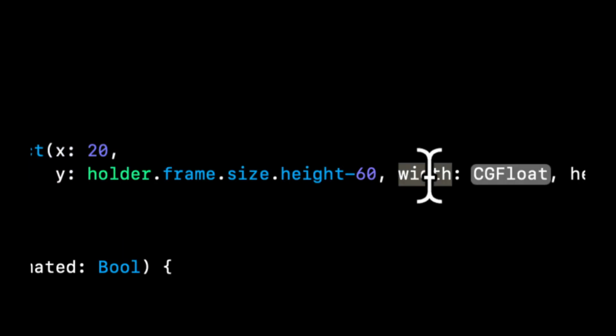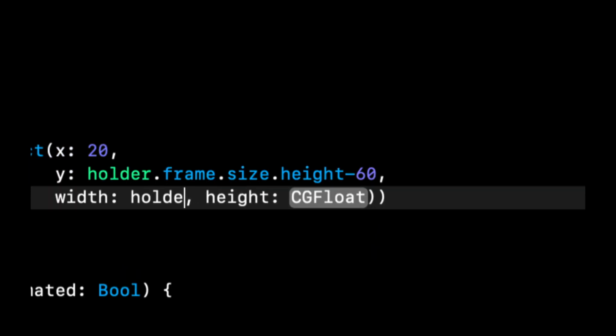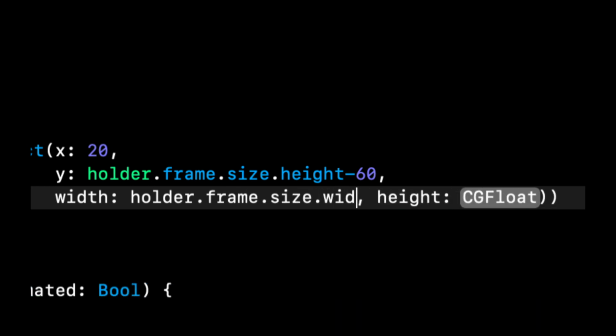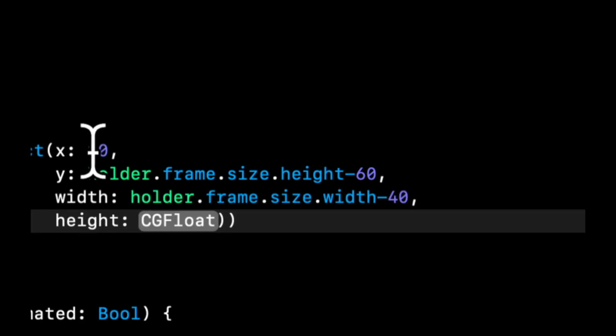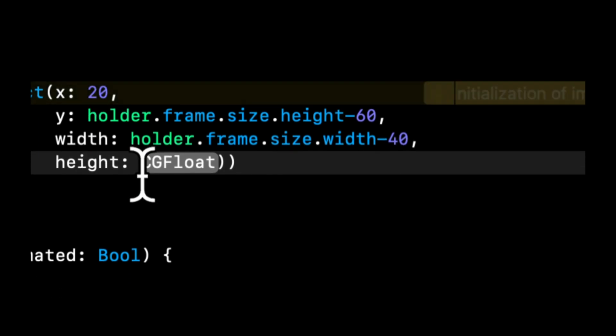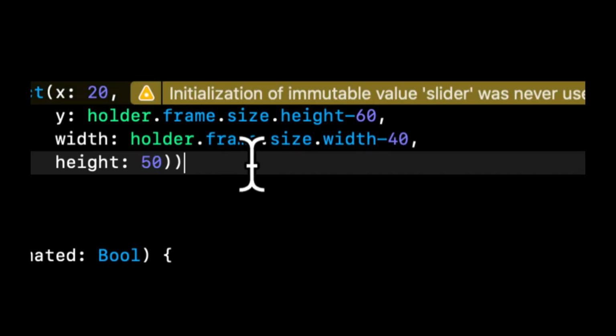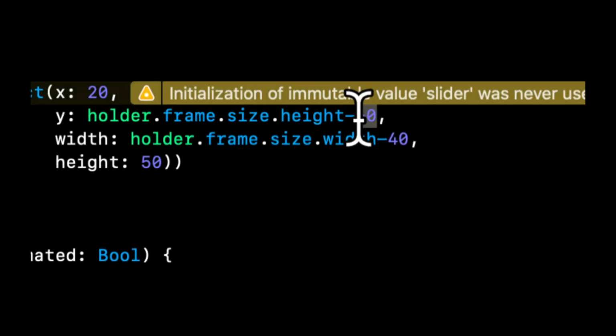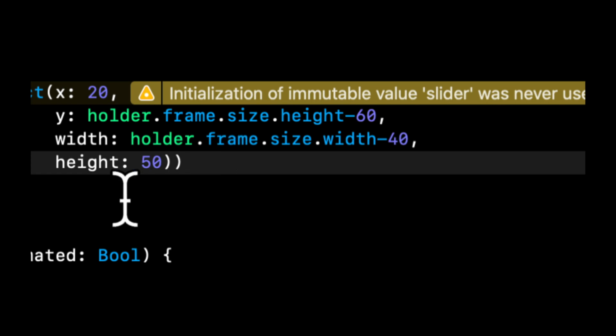And the width is going to be the holder frame size width minus 40. Because our X is 20, we want 20 on each side. And the height's going to be 50. So the 60 I got is because we want a buffer between the bottom of the holder and the slider of 10 pixels. 60 minus 50, you get 10.